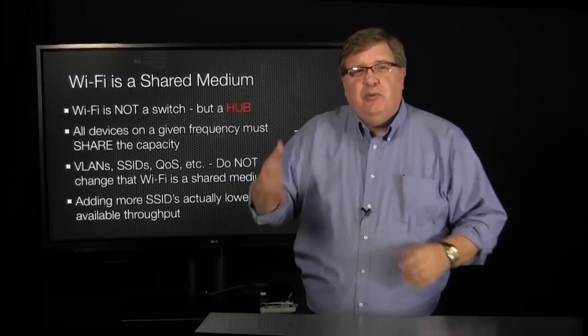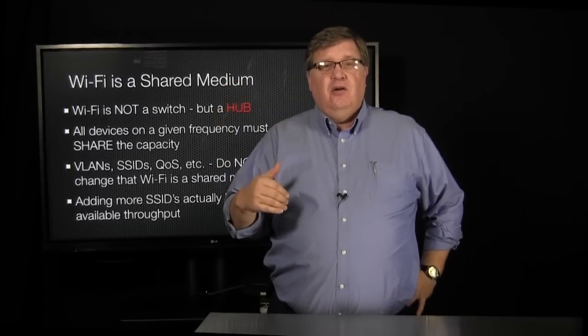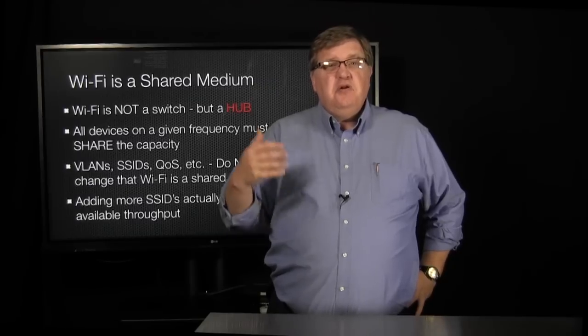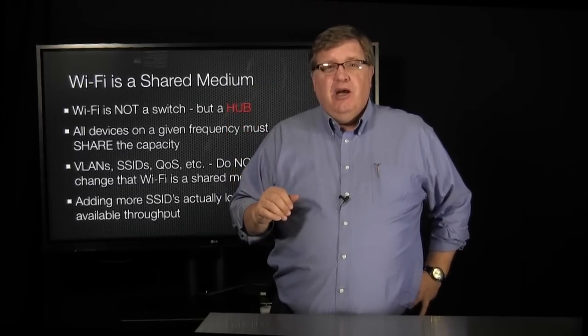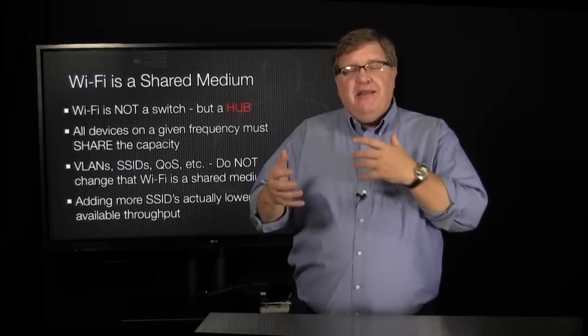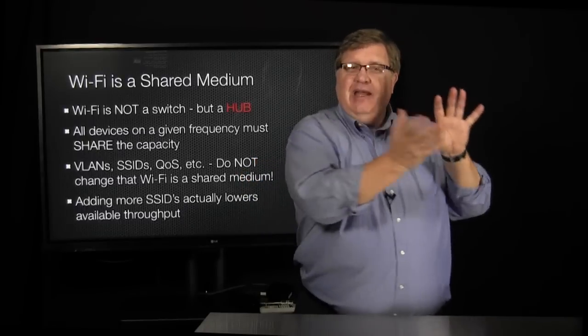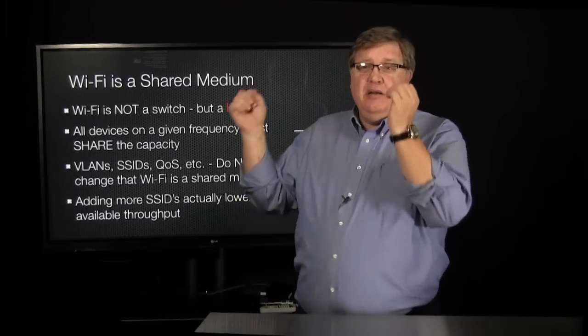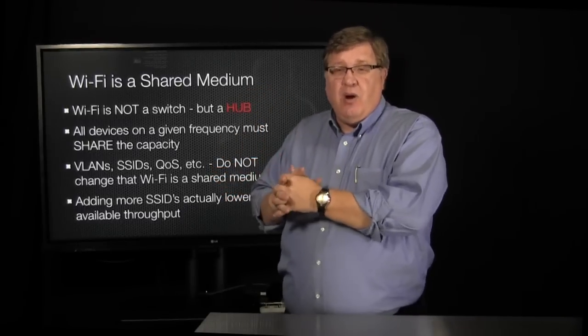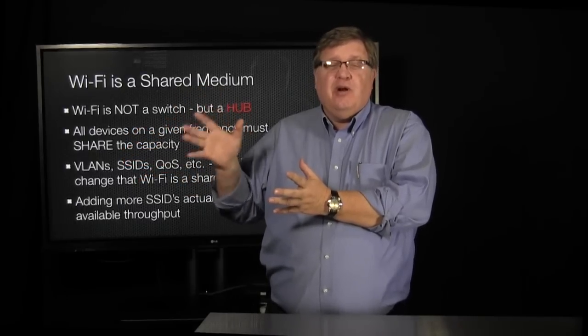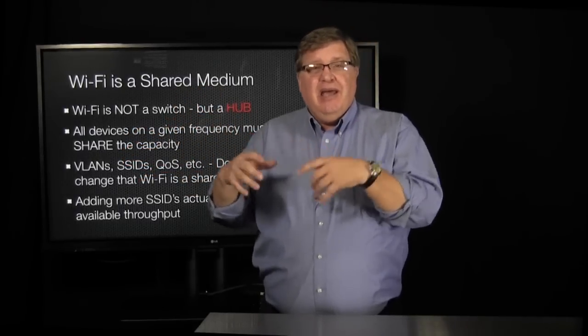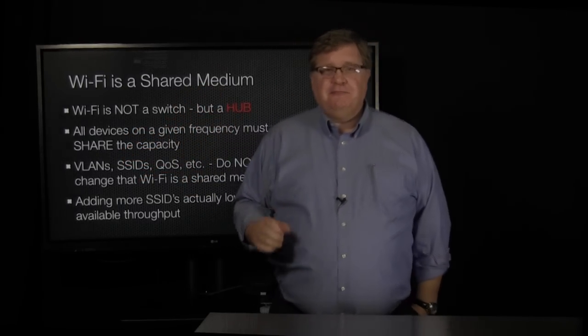In fact, adding multiple SSIDs onto a single Wi-Fi lowers your available throughput because we're adding more beacons in the air and not getting anything back. So putting a VLAN on a wired network is great, and assigning a VLAN to an SSID on the wireless is also good. It can do wonderful things for you, but it does not get rid of the fact that it's a shared medium and everyone has to share the same frequency.